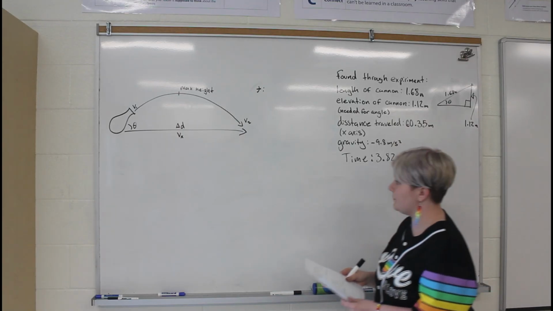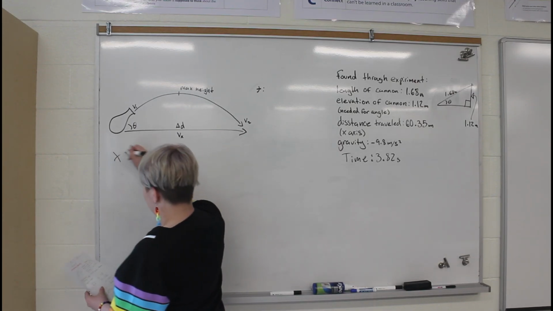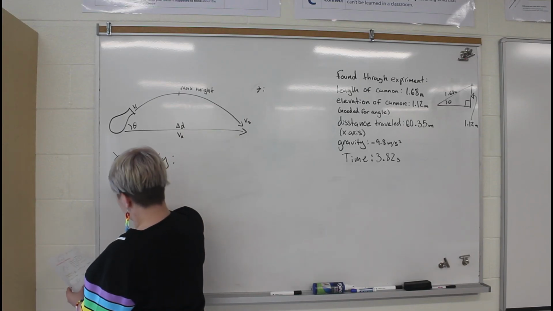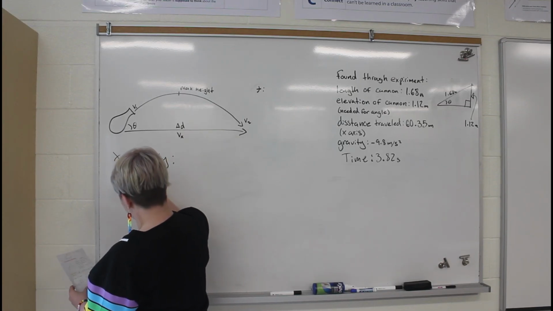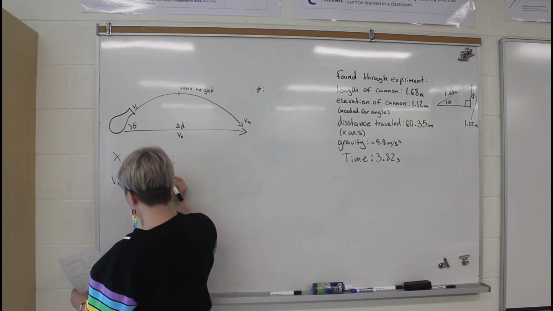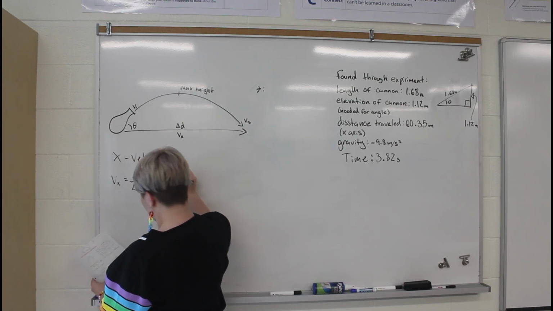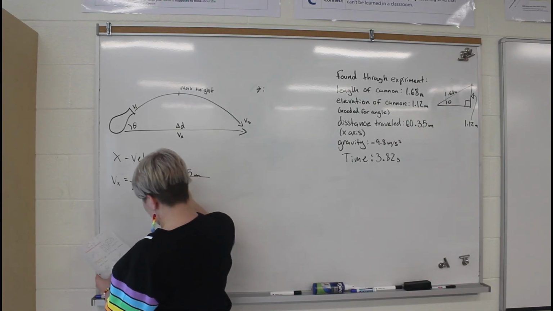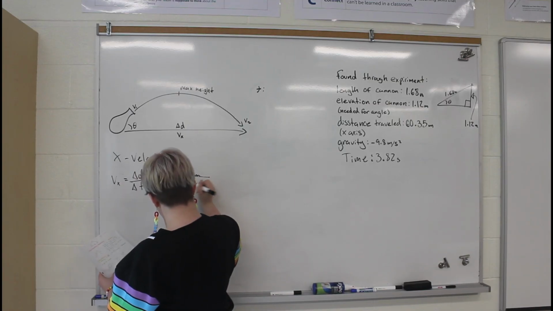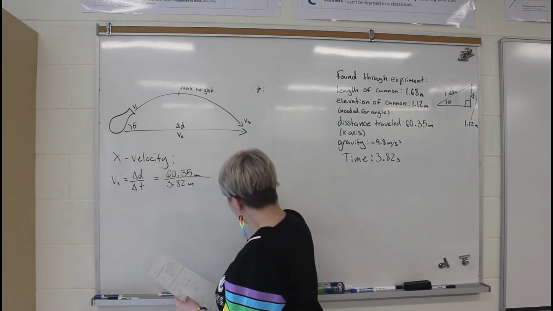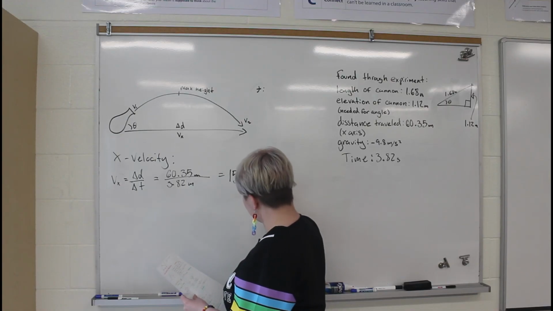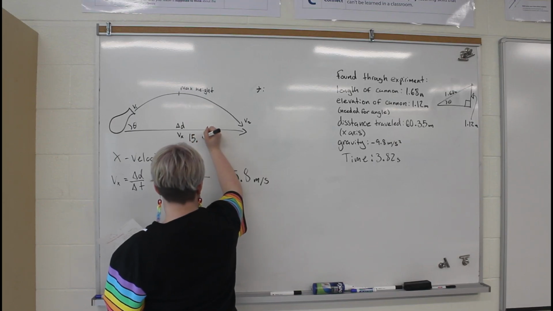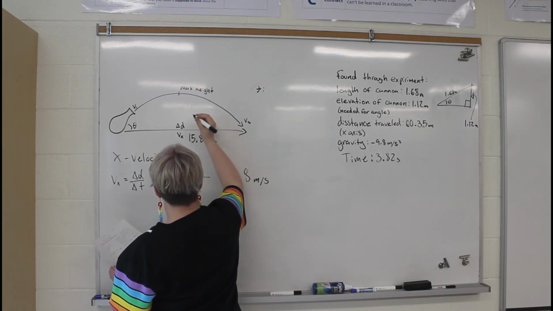Seconds. Okay. Using that, we can solve for the x velocity, which is velocity equals delta distance over delta time, which equals 60.35 meters over 3.82 seconds, which is 15.8 meters per second, which will fill in here, 15.8 meters per second.